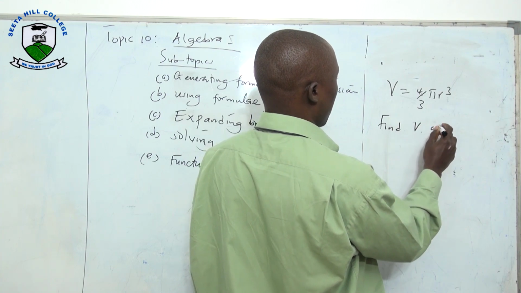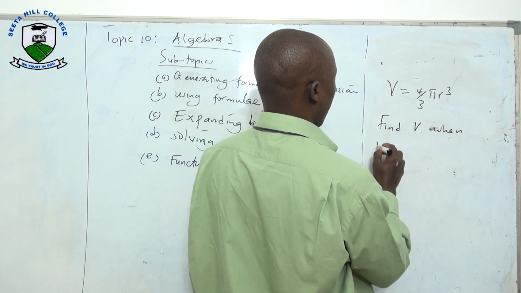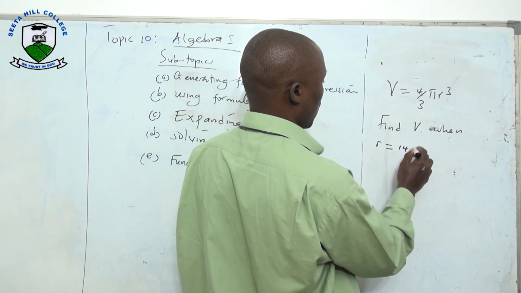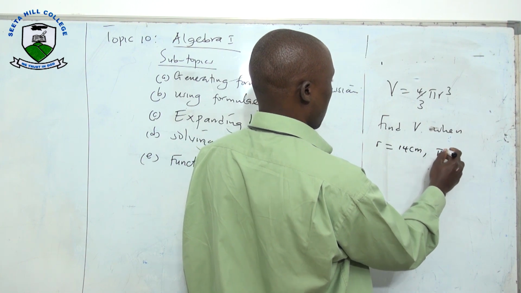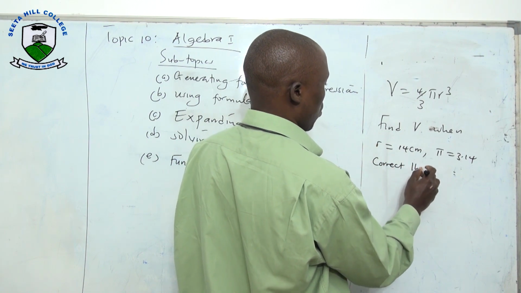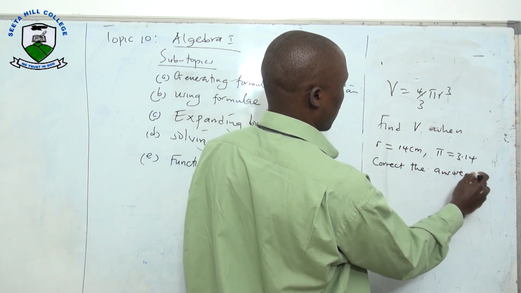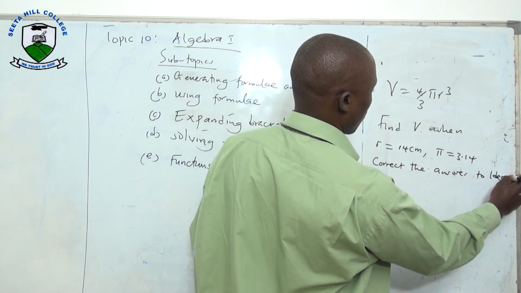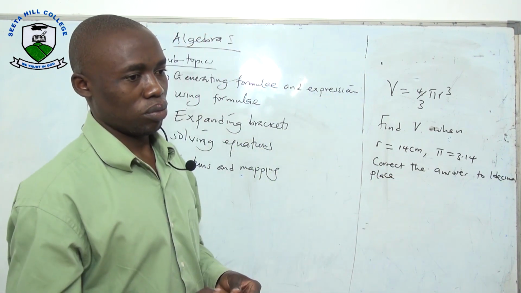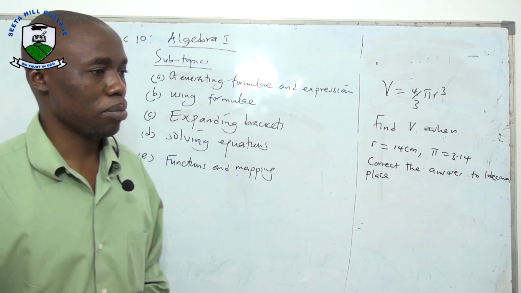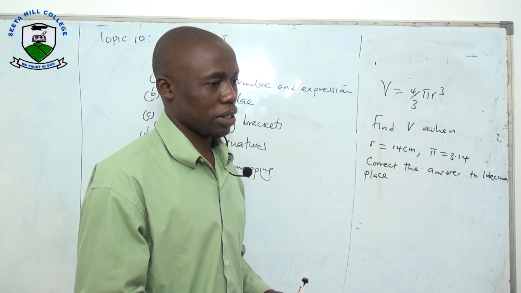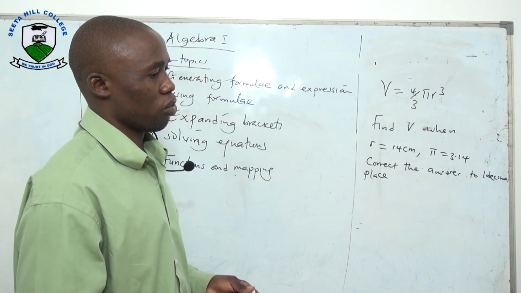Find V when the radius is 14 centimeters and pi is 3.14. Correct the answer to 1 decimal place. We have another discussant helping us there. Precious, try it. Two minutes only are for you, and we move on.